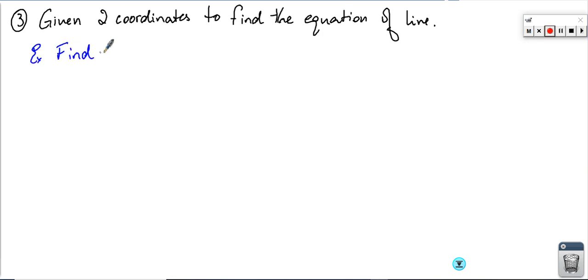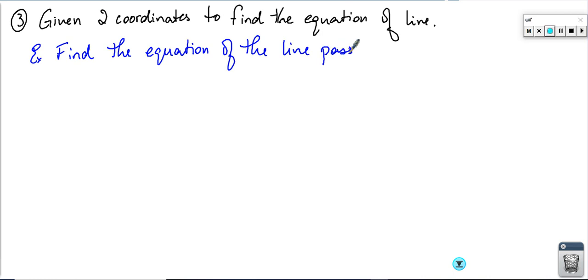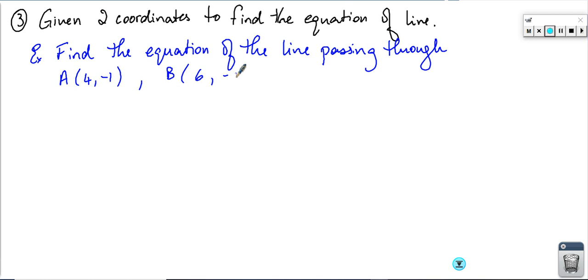Find the equation of the line passing through A 4, minus 1, B 6, minus 5. So I have those two coordinates and I need to find the equation.